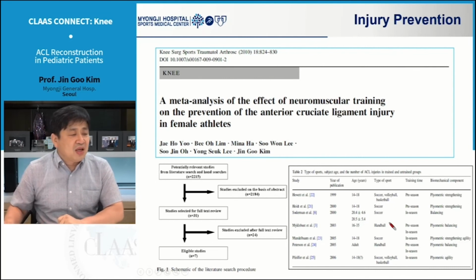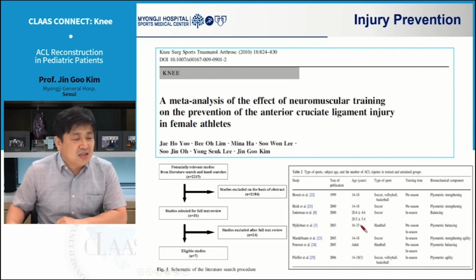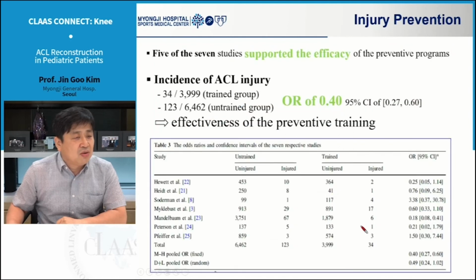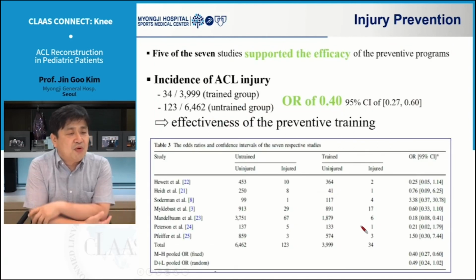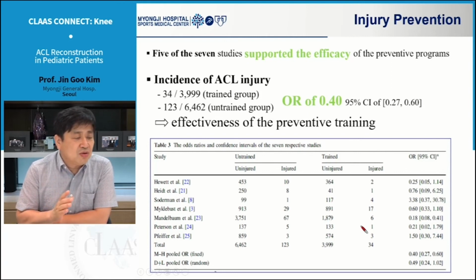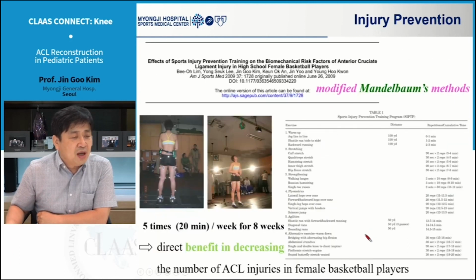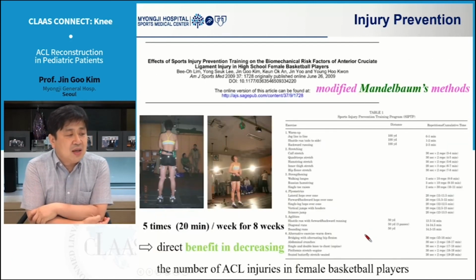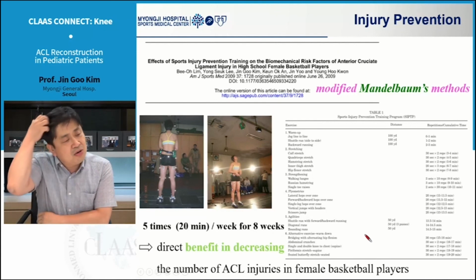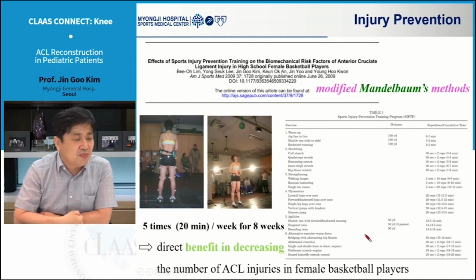This is our meta-analysis of injury prevention. The odds ratio of 0.4 shows it is effective, especially plyometric and strengthening balance training, and especially for the adolescent group. So how can we introduce this injury prevention?